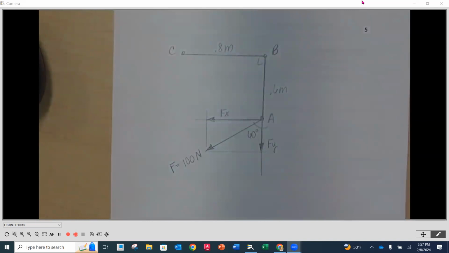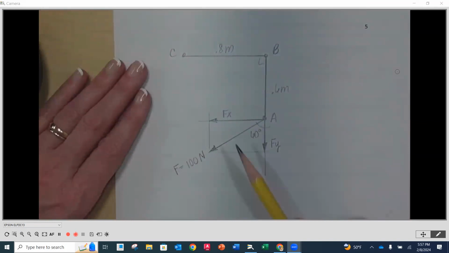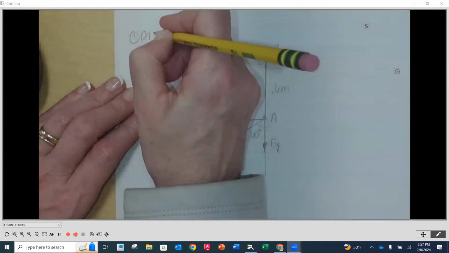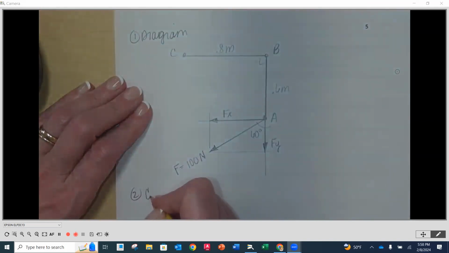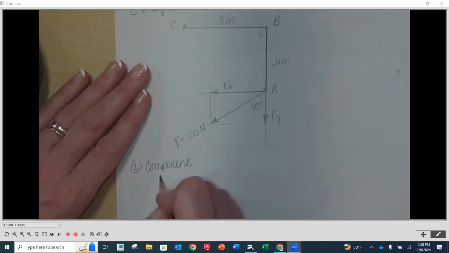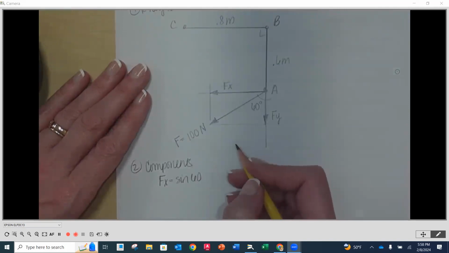Now, because we know the 60 degrees and we know the magnitude of the force, do you see how we can calculate the actual magnitudes of FX and FY, right? Go ahead and do that. So step 1 is our diagram. Step 2 is going to be components. Watch your placement of your angle.